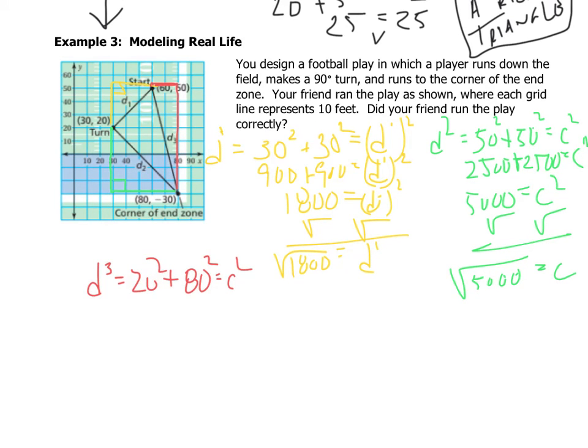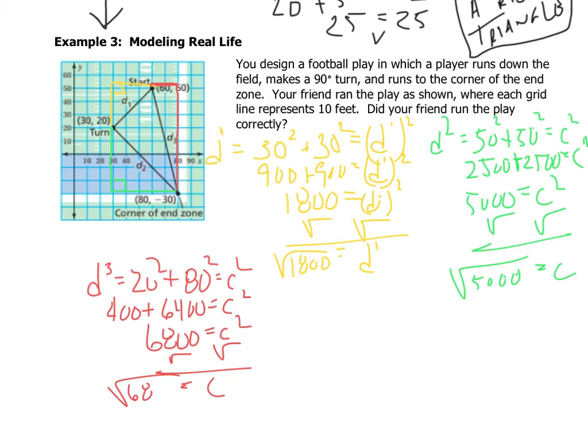So then I'm going to get 400 plus 6,400 equals c squared, which is 6,800 equals c squared. And when I take the square root, c equals the square root of 6,800. So now we have our 3 sides.